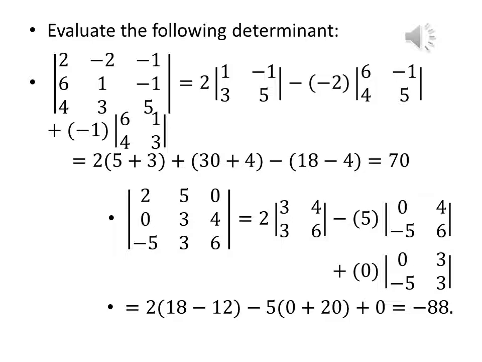If I have 0 in the first row, it is easy. So 2 times a 2 by 2 matrix minus 5 times a matrix plus 0, and the 0 is cancelled. For each element we get the value, and the result of this determinant is equal to negative 88.